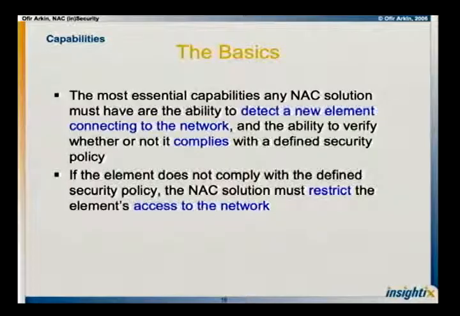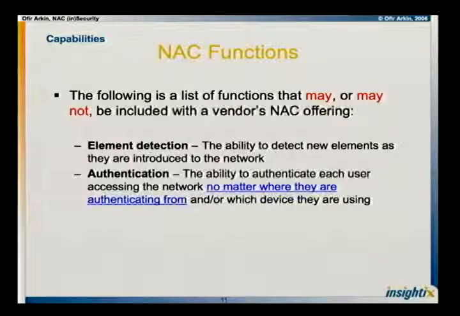Another basic capability that must be supported by any network access control solution is the ability to restrict the access of those elements which do not comply with the security policy. But of course, there are other components and other parts of the solution that may or may not be introduced with a vendor's network access control offering.